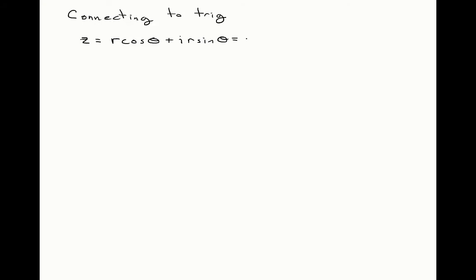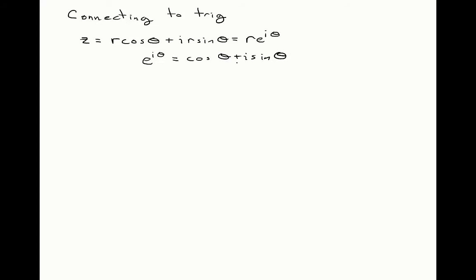And this equals r e to the i theta. So we can rewrite this a little bit if we just cancel out the r's. Then we get e to the i theta equals cosine theta plus i sine theta. I gave you this at the beginning of the video. This is Euler's formula. It's really important.